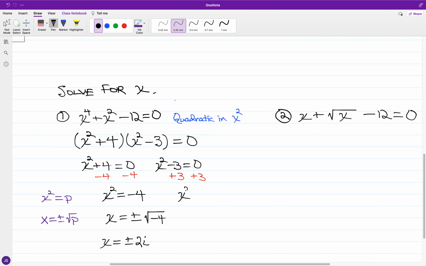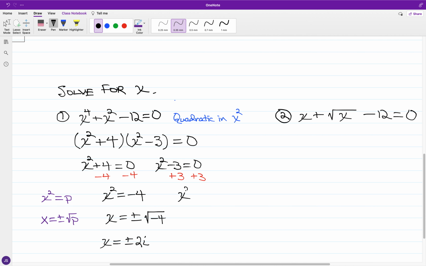Now for the square root of x minus 3 is equal to 0, if I add 3 to both sides, we have that the square root of x is equal to 3. Again, 3 is positive, and an even root radical expression can reduce to a positive constant.